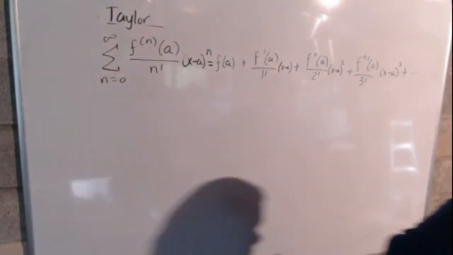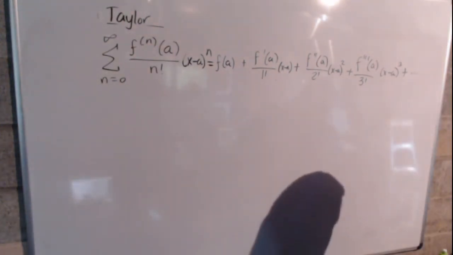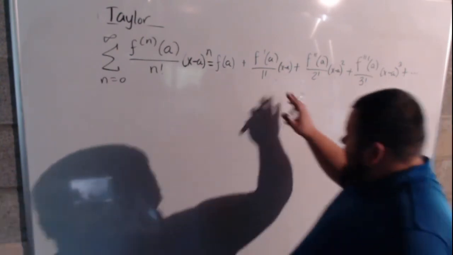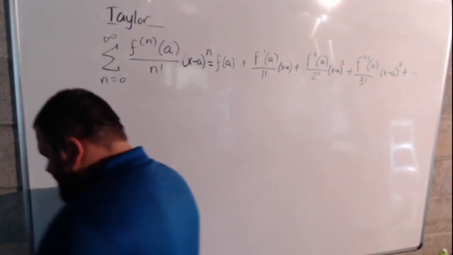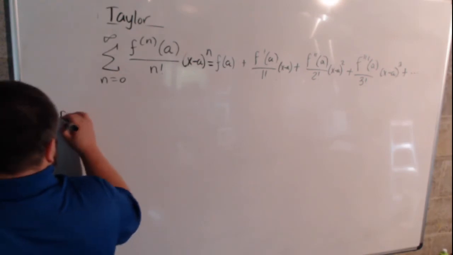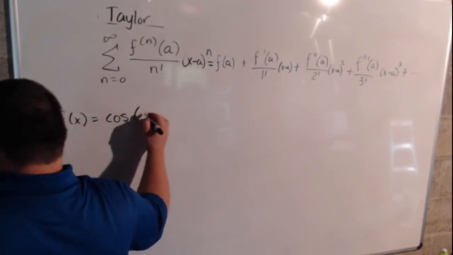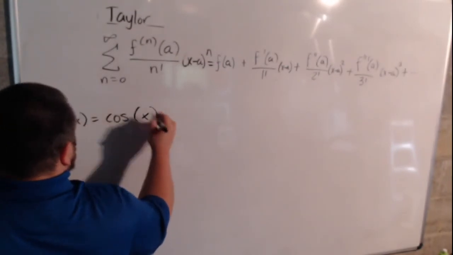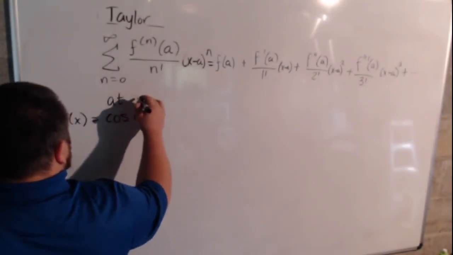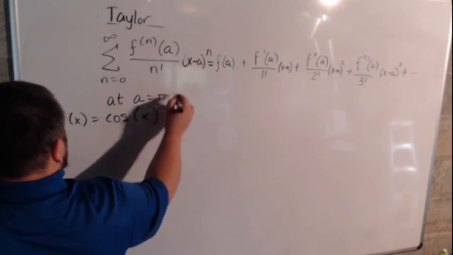So last Taylor series that we're going to create using this form is for cosine of x. And this is at a equal pi.